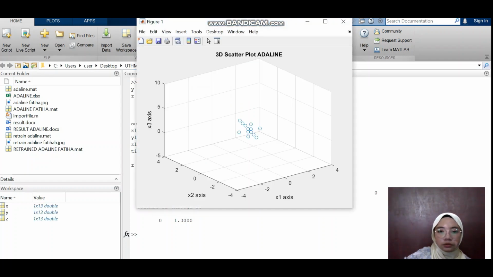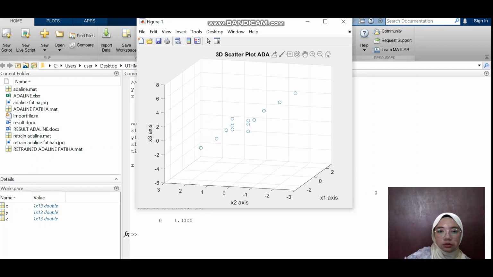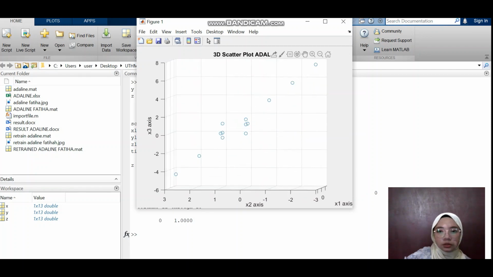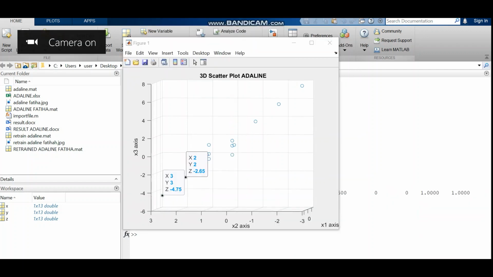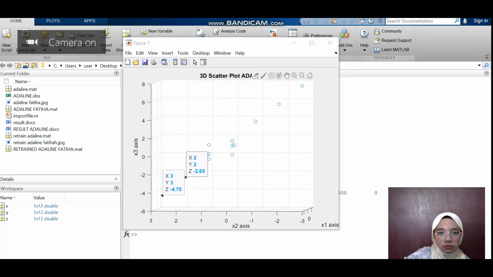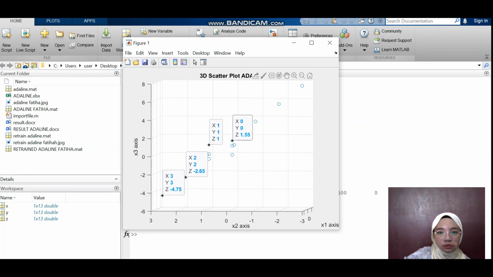So as we can see, the values are in a straight line. We can see the values that we already filled in the mathematics.